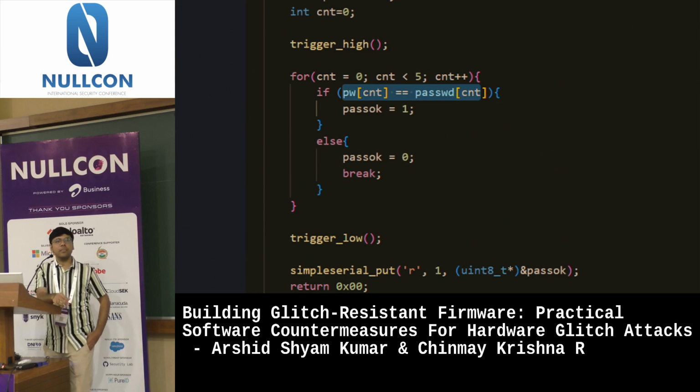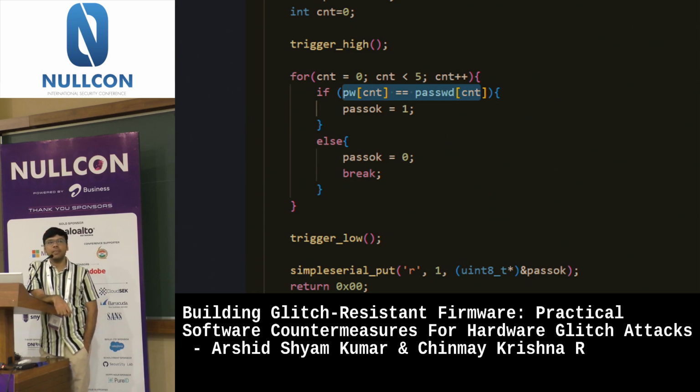Hi. Thank you for the amazing lecture. But the question I'm going to ask is from a business standpoint and not from a technical standpoint. Consider a hypothetical scenario where there's a popular firmware product with a glitch, and you have taken the software countermeasure route.